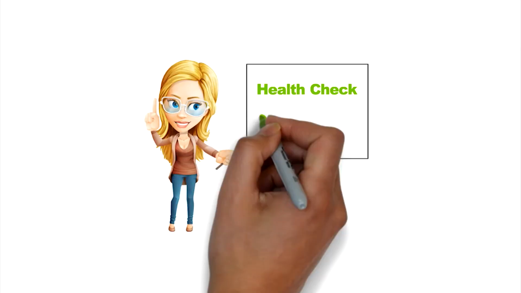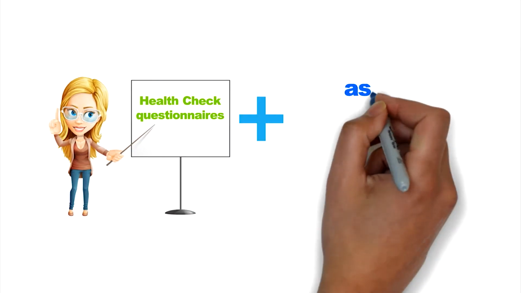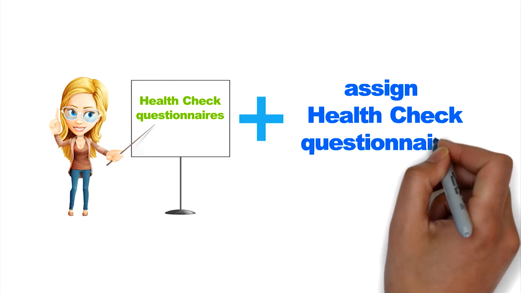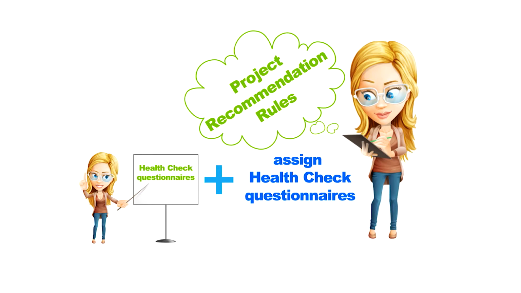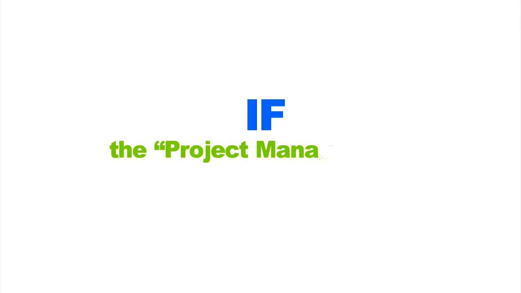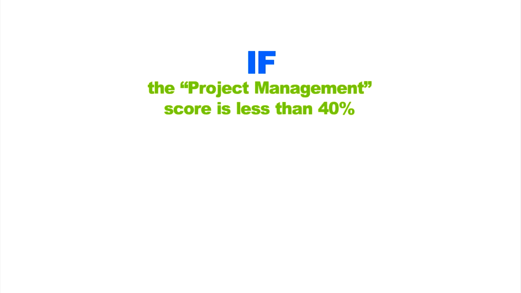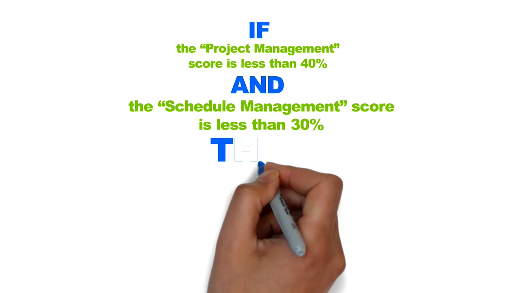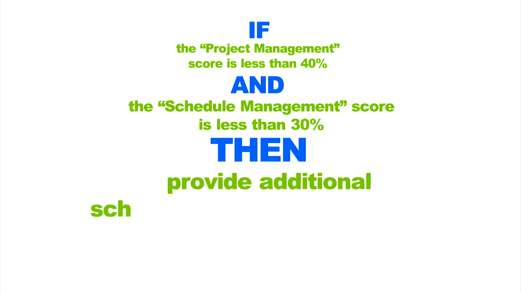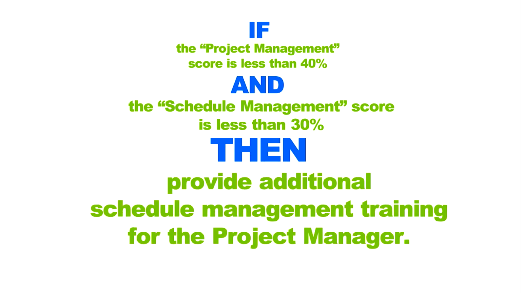Wendy has permission to create new health check questionnaires and assign health check questionnaires to projects. Wendy also creates project recommendation rules. An example of a recommendation rule is, if the project management score is less than 40% and the schedule management score is less than 30%, then provide additional schedule management training for the project manager.